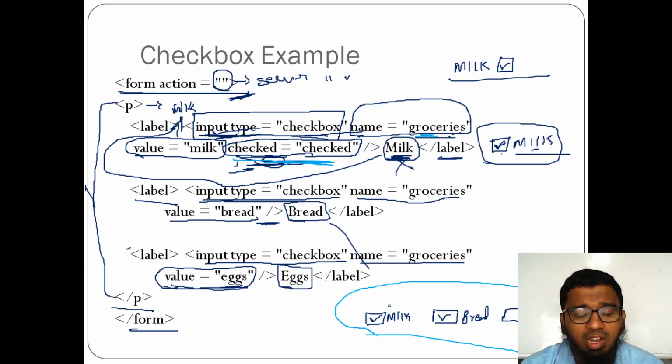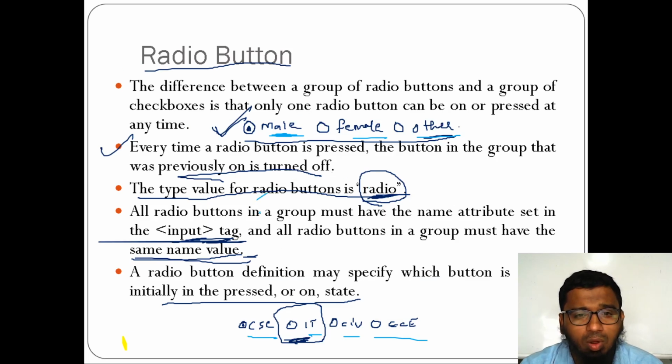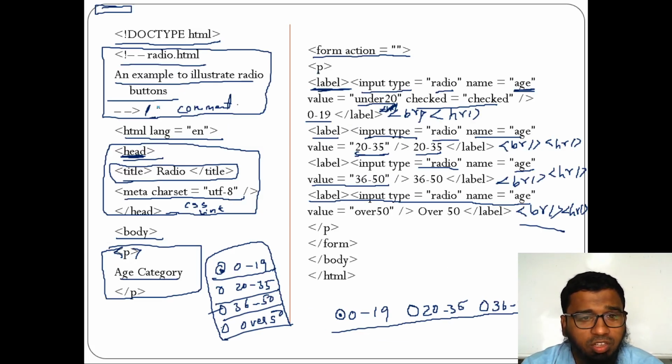If you want to select more than one option, you need to use the checkbox code. If you want only one of the given options, you need to use the radio button. And this is a basic tag.